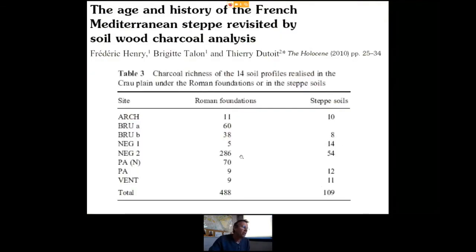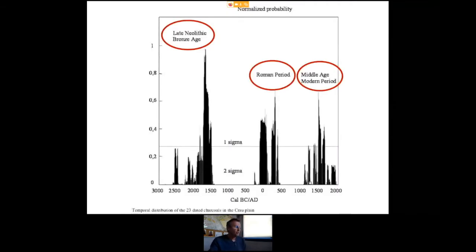So this is just the repartition of the different charcoal. We have, of course, more charcoal under the Roman foundation, less in steppe soil, and a strong heterogeneity, but it's classical in soil wood charcoal research to have this heterogeneity from the different pits which have been done. So we look at the temporal distribution of the 23 dated charcoal.